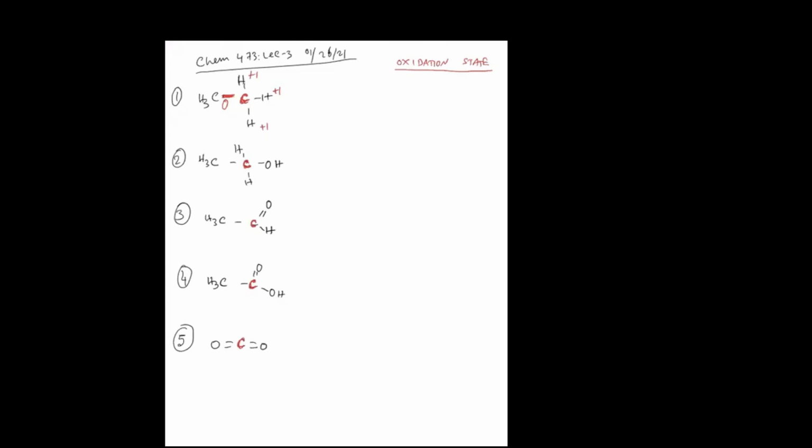So in order to make the overall charge of the compound 0, what must be the oxidation state of the carbon I have drawn in red? -3. These 3 hydrogens give you +3, so this carbon must be -3.